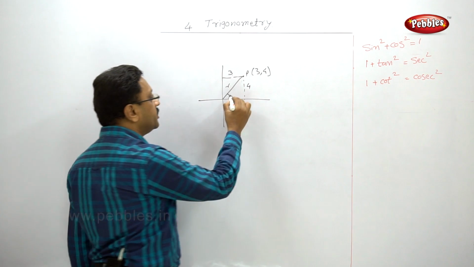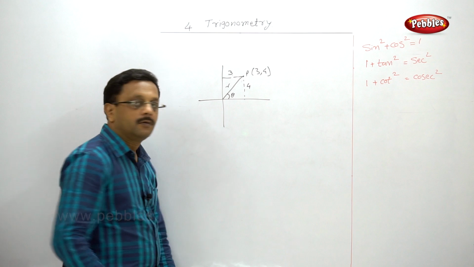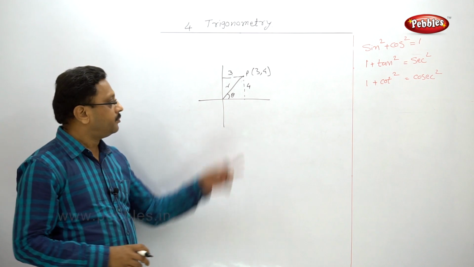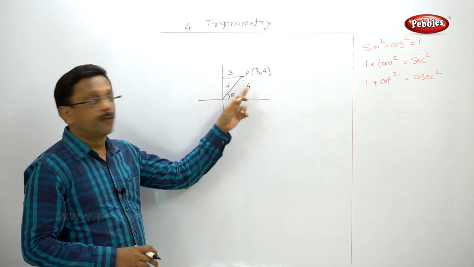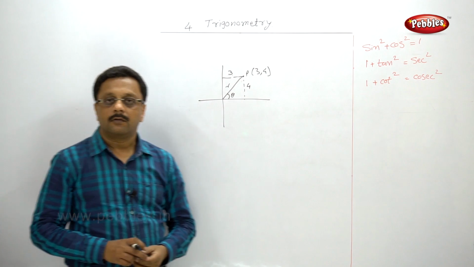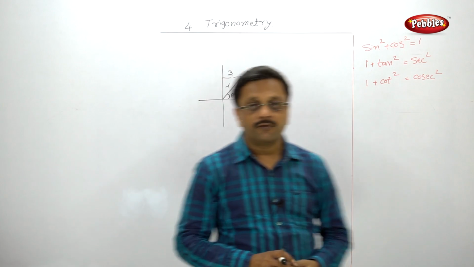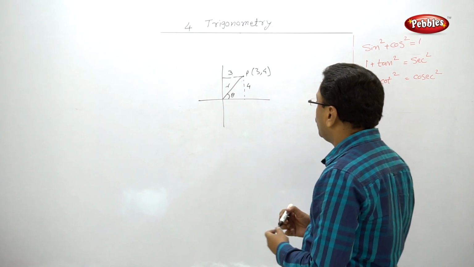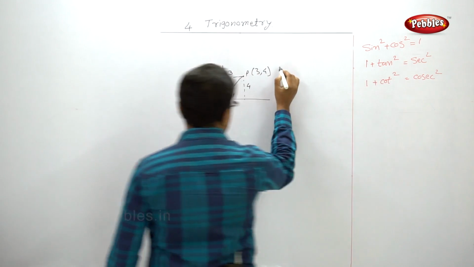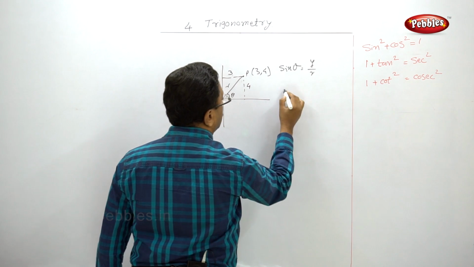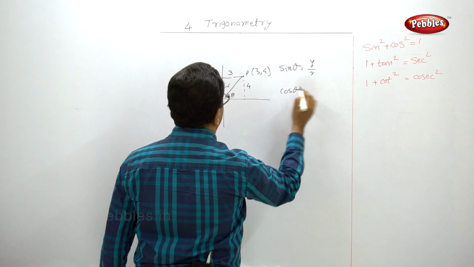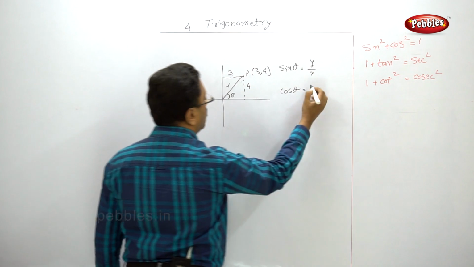If this is angle theta, very simple, sin theta is 4 upon r. Or we can say that sin theta is y upon r and cos theta is equal to x upon r.